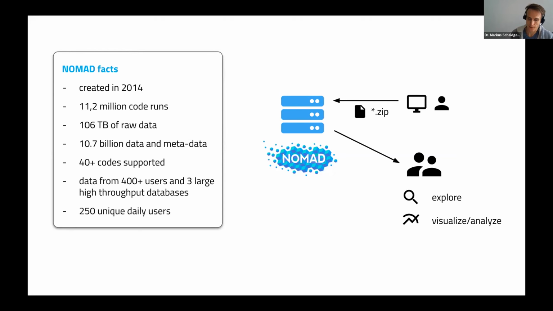The data that we have comes from over 400 users from all over the world, and from 3 large high-throughput databases: AFLOW, OQMD, and the Materials Project. And we currently have about 250 daily users roughly that are visiting our website and using our services.